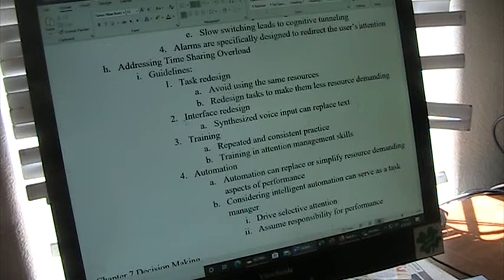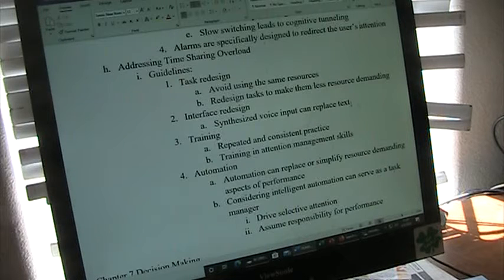Interface redesign: we can use voice input to replace text messages so that we are using things on two different channels.